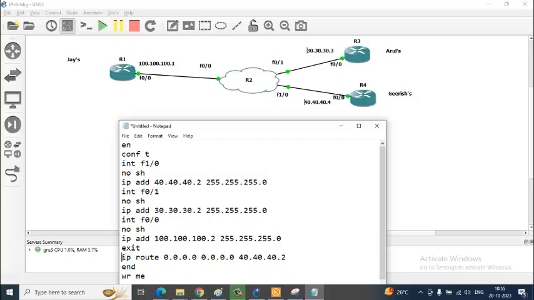And this is not necessary. There's no need for any static route because we just have one router.